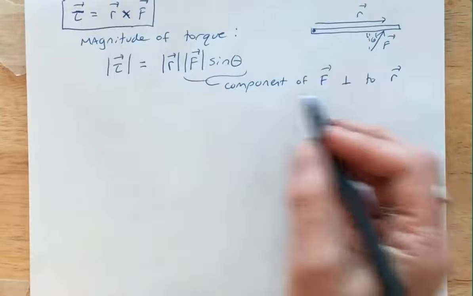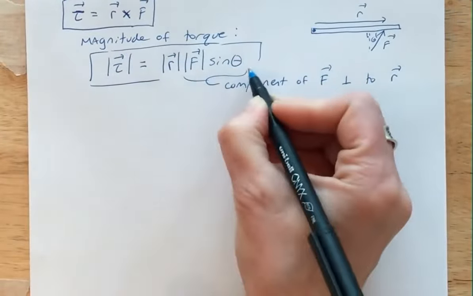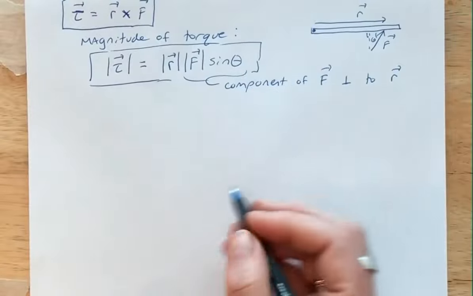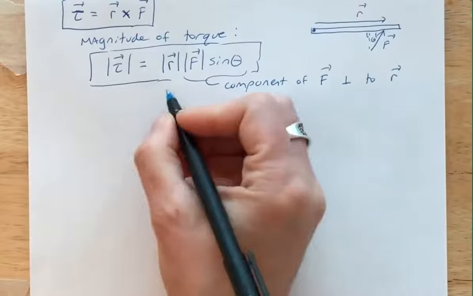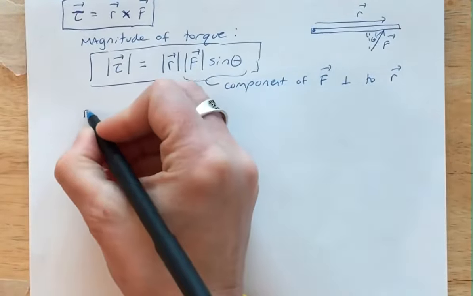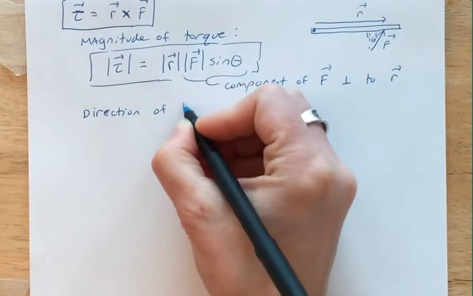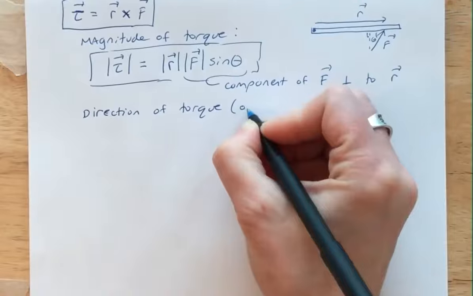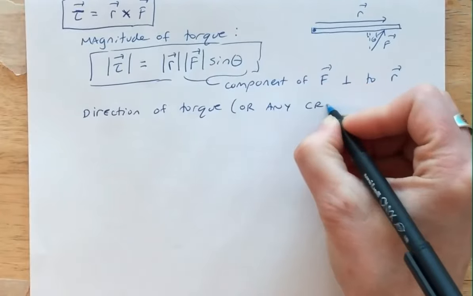Therefore, that is one main way in which we can find the torque magnitude. Now, in general, that gives us the magnitude, but we also need to be able to get the direction of the torque. So if we do this method, we have to be able to get the direction of the torque, or in this case, any cross product.